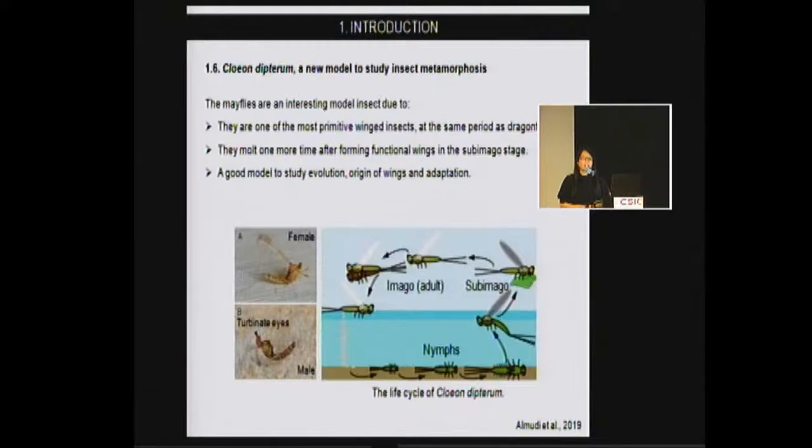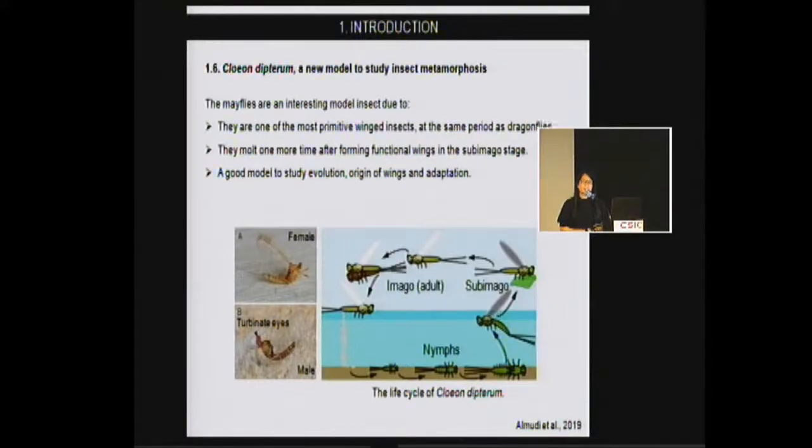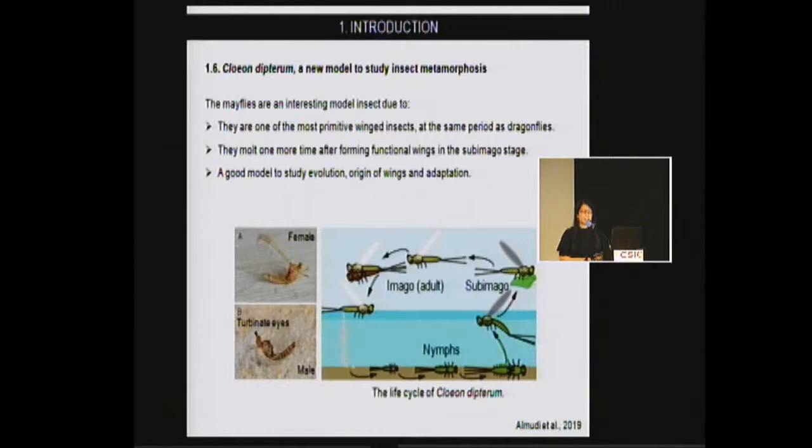The second model is Cloeon dipterum, or the mayflies, in the order Ephemeroptera. This insect is one of the most primitive winged insects, emerged on Earth at the same period as the dragonfly. What makes them very interesting for study is not only the primitivism, but that they can molt one more time after they gain functional wings, in the subimago.